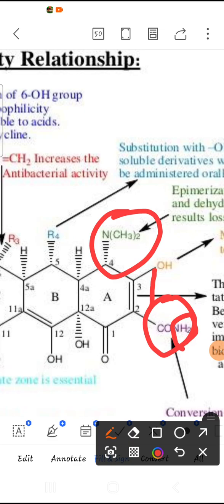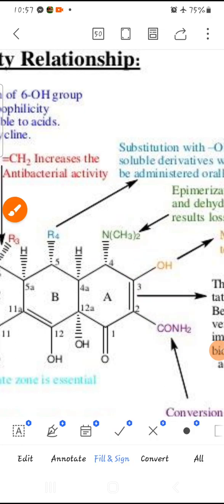Epimerization also affects the activity. Mainly the removal can lead to loss of activity. The dimethylamino group is very important in the alpha orientation for activity.